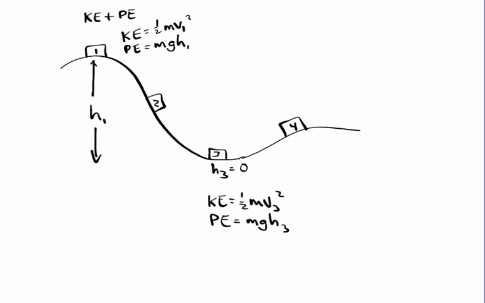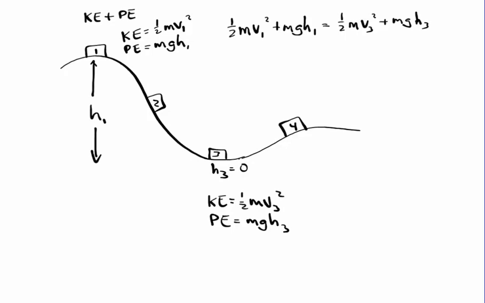What this means, that the total sum of kinetic energy and potential energy is a constant, is to say that the total amount of kinetic energy and potential energy at the top, which I can write as 1/2 mv1 squared plus mgh1, equals the total amount at the bottom, which I can write as 1/2 mv3 squared plus mgh3. And at this point, if you have a bunch of numbers, you can put the numbers in.